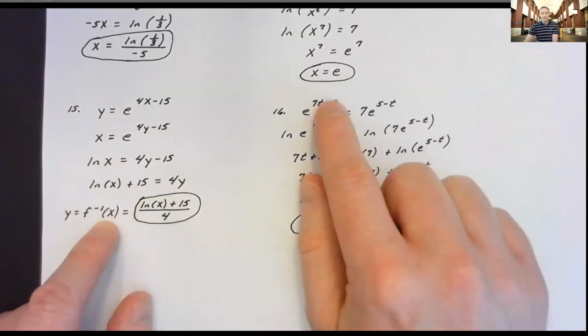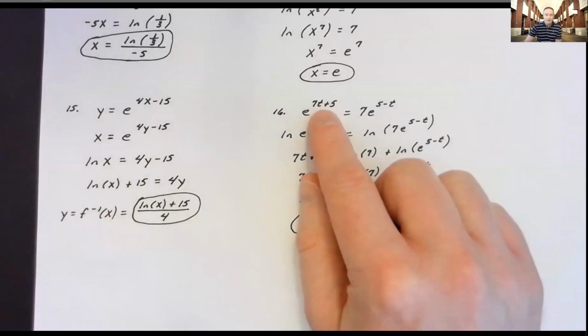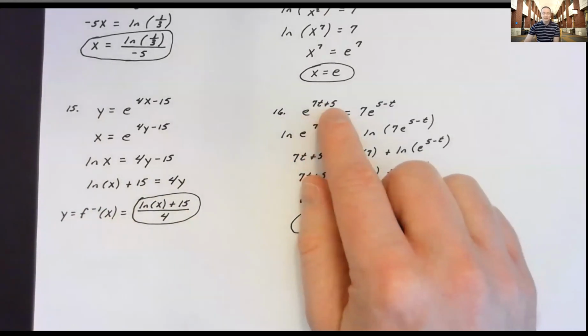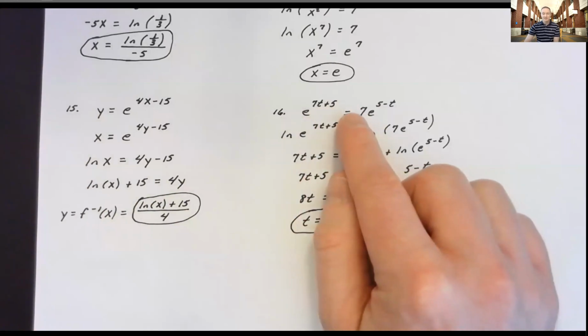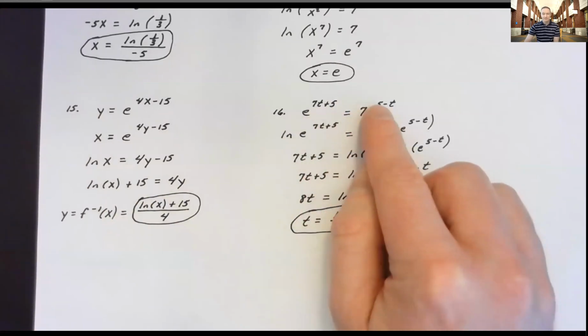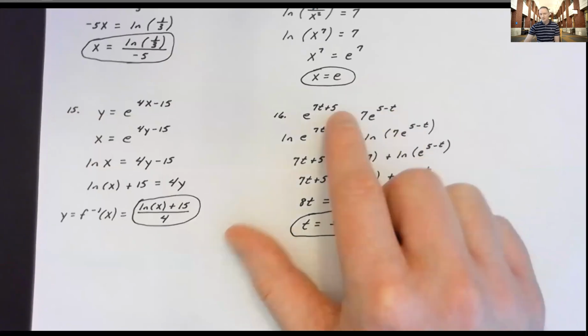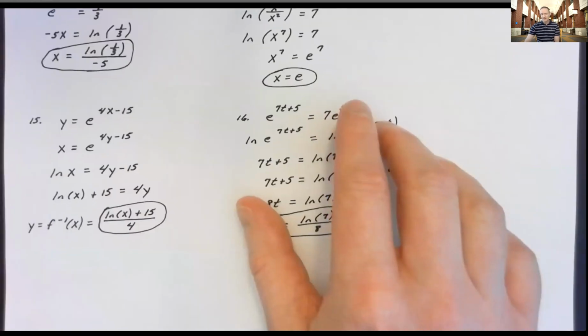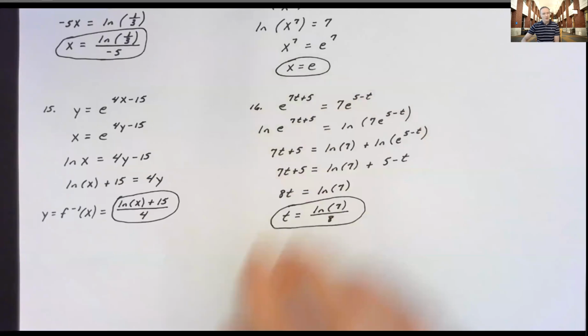And then for the last problem here, we have e to the 7t plus 5 is equal to 7 times e to the 5 minus t. Okay, so we have an exponential base e on both sides of the equation, but before we can deal with solving for the exponents, we need to get rid of those exponential bases.